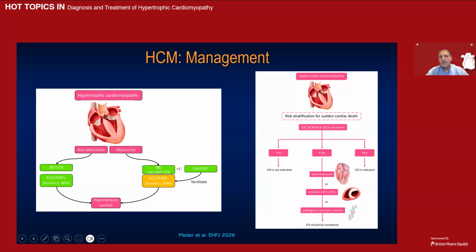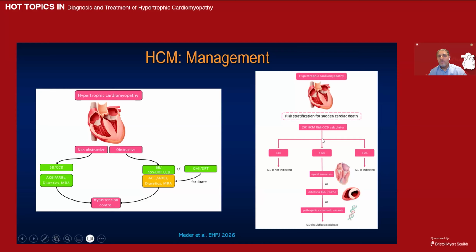What about the risk of sudden cardiac death? That can be a full session by itself, but suffice it to say that you want to follow a risk stratification calculator or a scheme, and there are plenty of data on the role of age, markers of cardiac remodeling, septal thickness, presence of LGE, etc. And those can give you a predicted risk of sudden cardiac death.